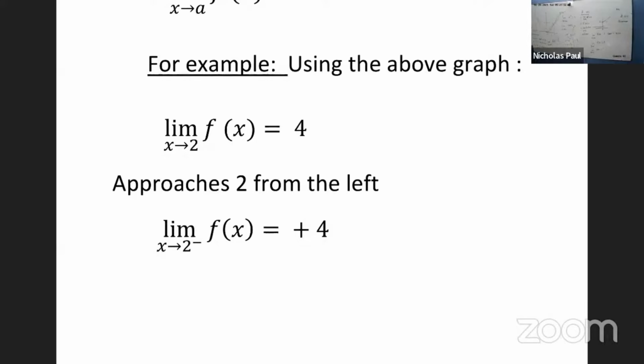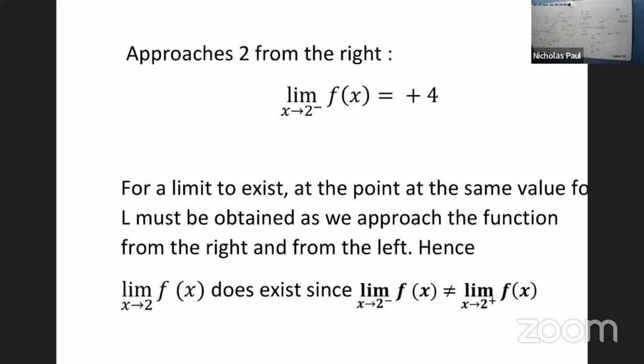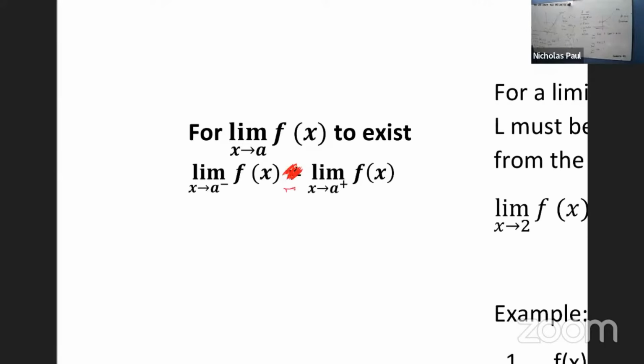Notice the negative sign above the 2 represents from the left. If you approach from the right, it should be a plus. So that plus sign means from the right. And since they are the same, the limit exists. Add that rule there: for a limit to exist, the approach from the left and the right must be equal.